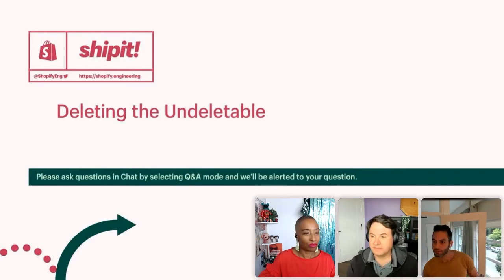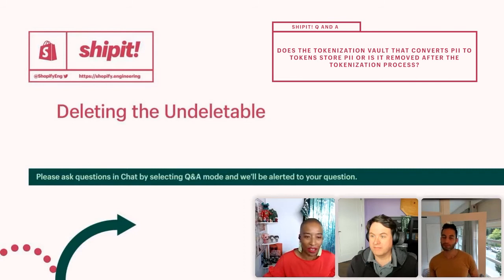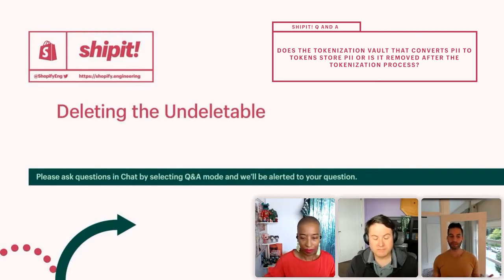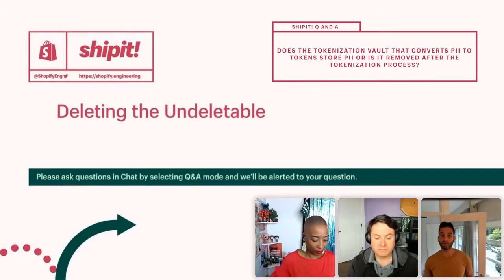Does the tokenization vault that converts PII to tokens store PII, or is it just removed after the tokenization process? Yeah, so the PII is stored alongside the token, as long as there is no deletion request or a retention policy. And that's because, remember, we said that there are cases where we want access to the raw value of PII.